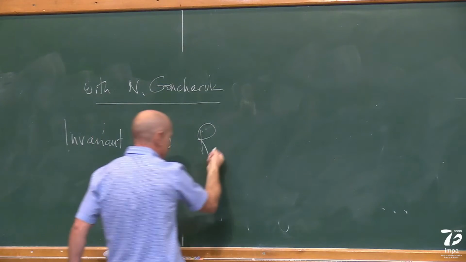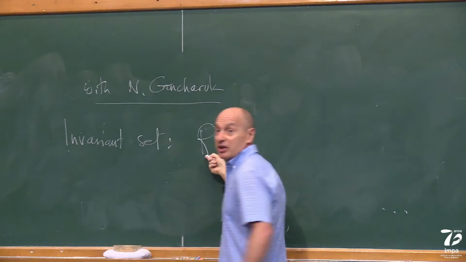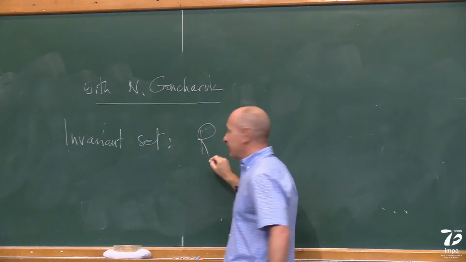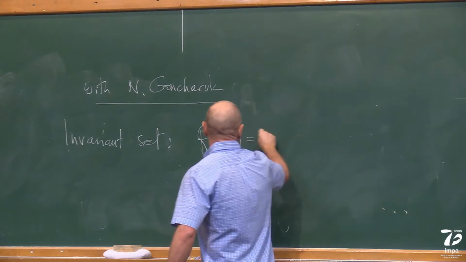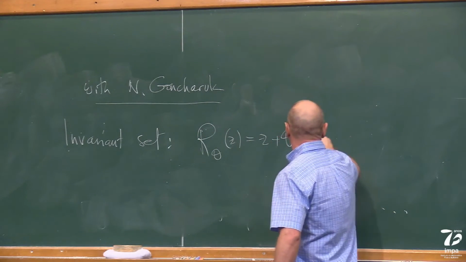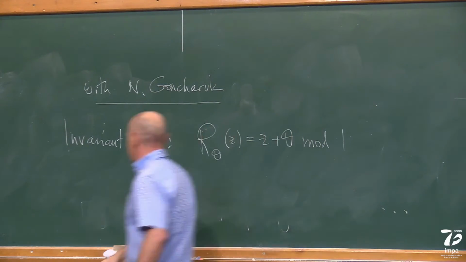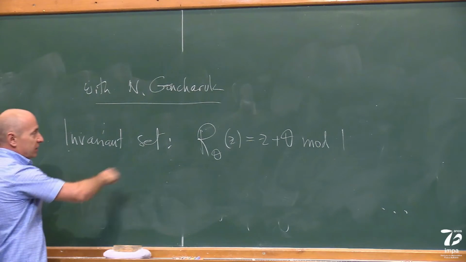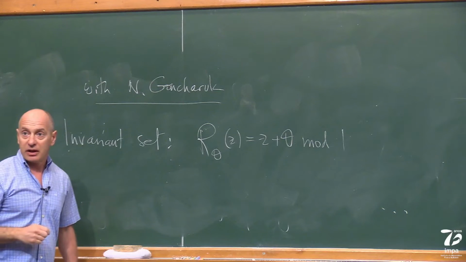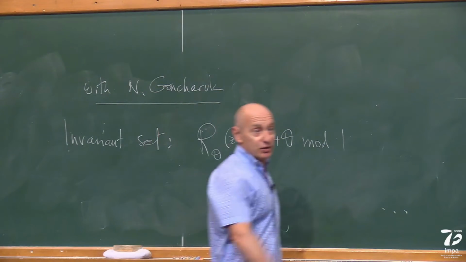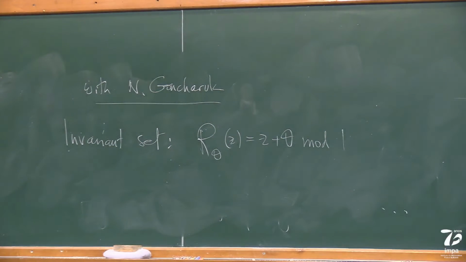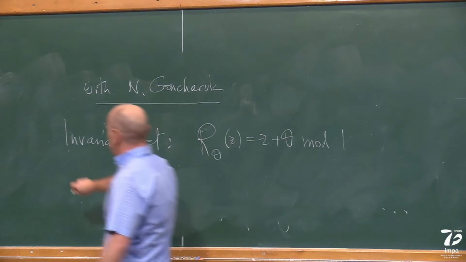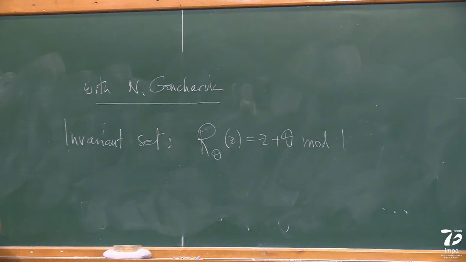If you take rigid rotation, capital R for rigid rotation, R_theta of z is z plus theta mod 1. So this is invariant. And you can ask, as we often do in dynamics, what are the hyperbolic properties of this set? To answer this, you need to restrict to some nicer rotation numbers.